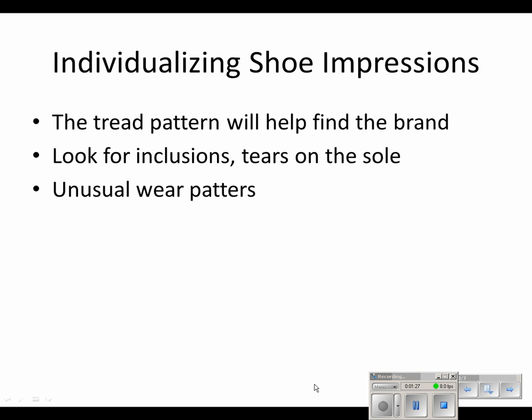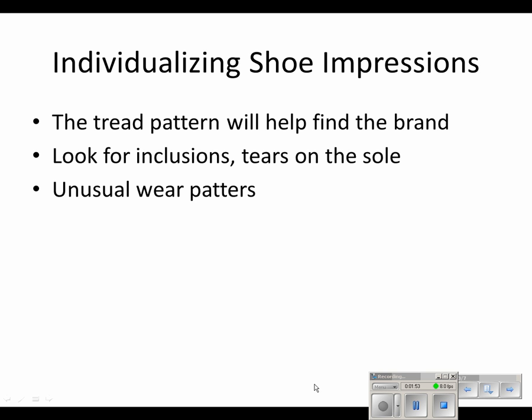And shoe impressions, like other impressions, are class evidence, but we can help individualize impressions by using the tread pattern to help us find the brand of the shoe. That helps narrow it down a little bit. We can look for inclusions, which are pieces of trace evidence that get stuck in the sole of the shoe, such as pebbles or glass that are going to make a unique mark.